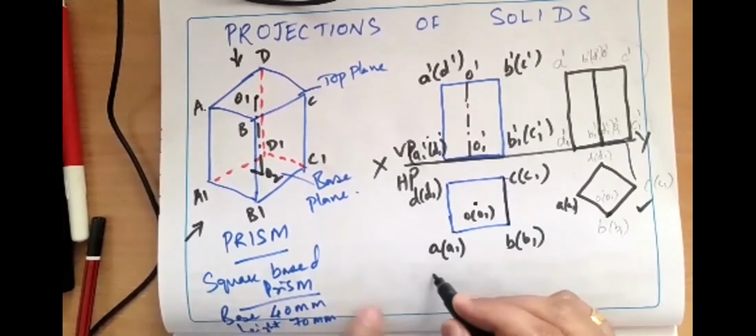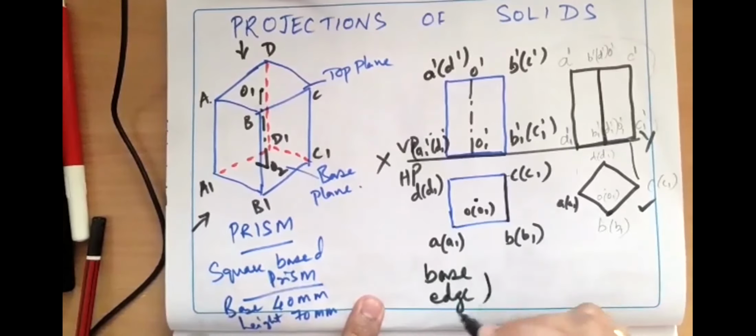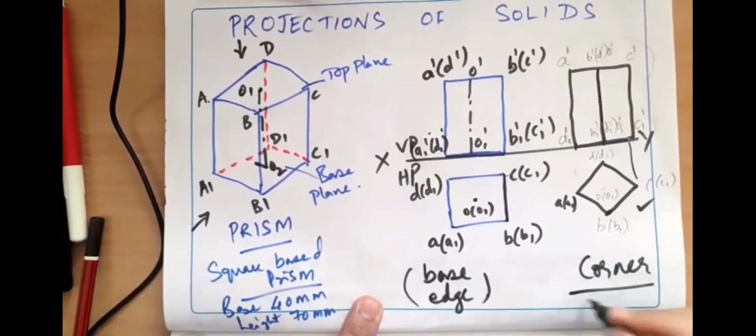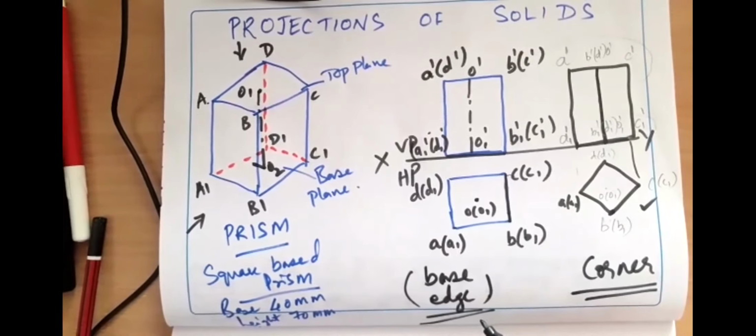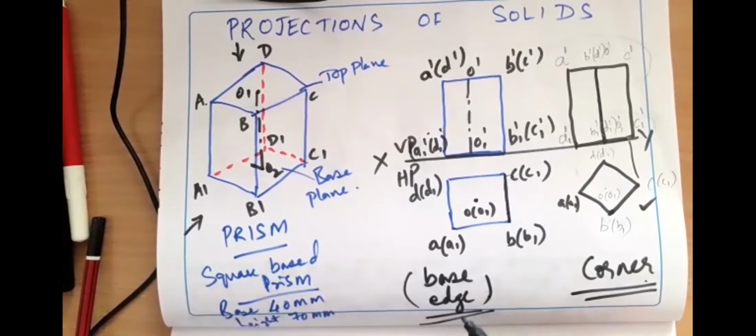If it is resting on a base edge, it is resting on an edge and corner. This is the highlight of this particular chapter. Whole positioning of whether it is lying on a corner or an edge. That is what you need to understand first in the problem and construct the initial position.